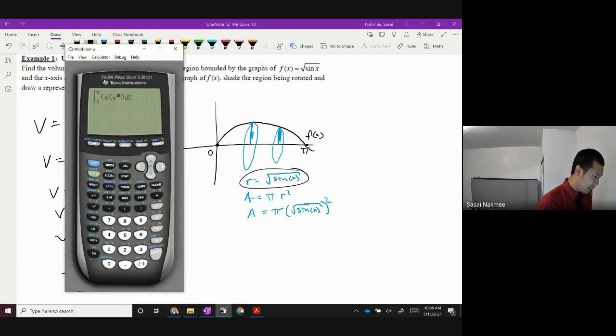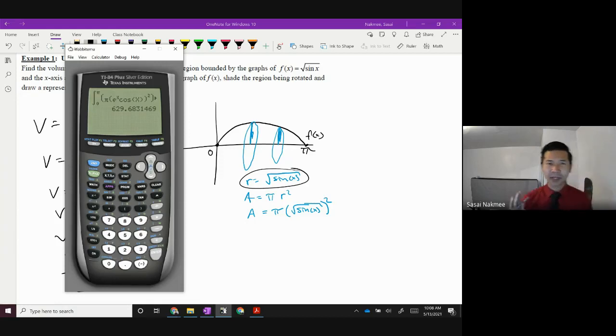Let's say it was e to the x times cosine of x. I don't know what the integral of that is, right? But that needs to get squared, because that's my f of x, and then it's being multiplied by pi. And I just let the calculator do the integral for me, and it'll give me my answer.